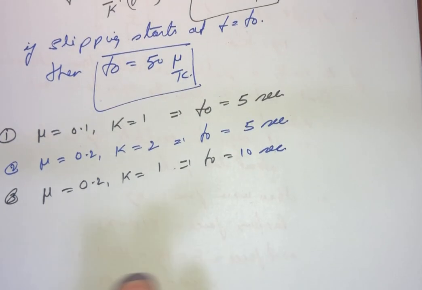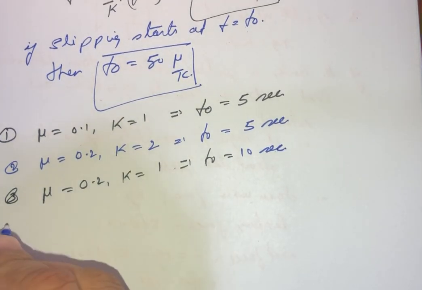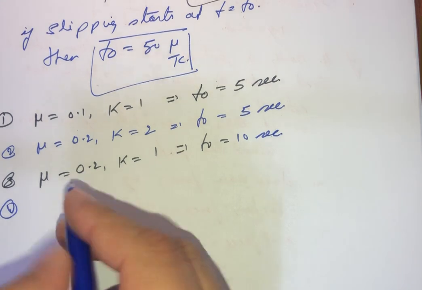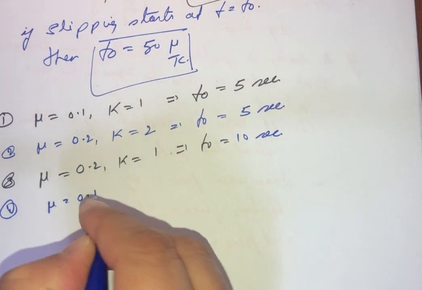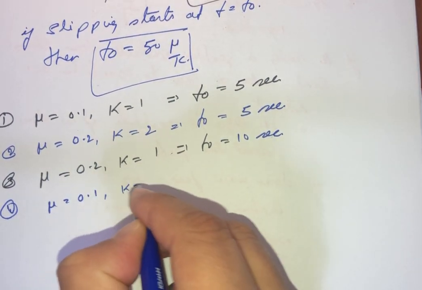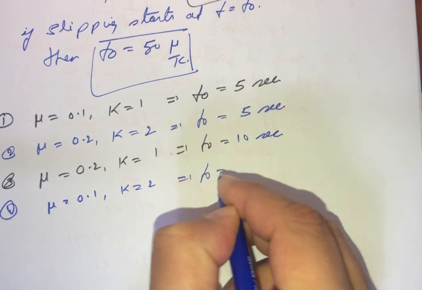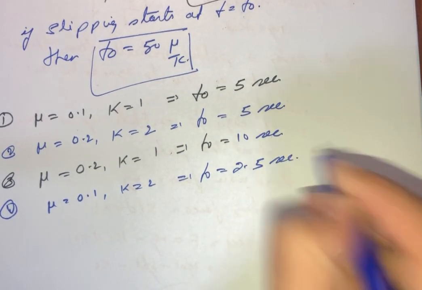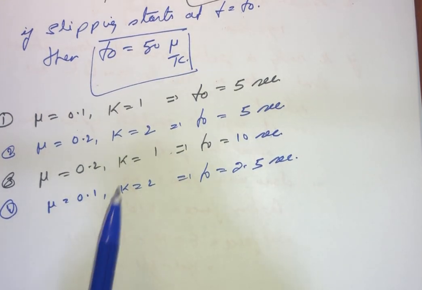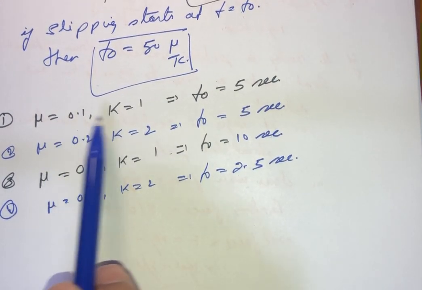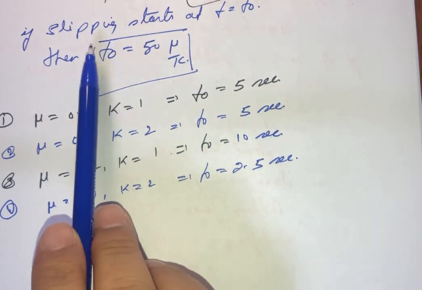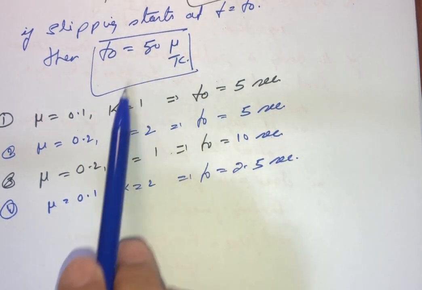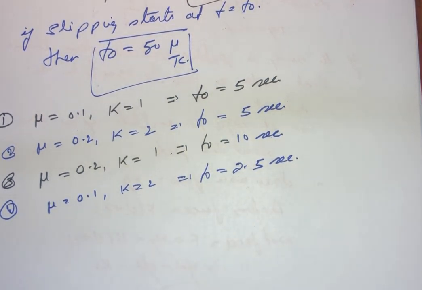And the last is mu 0.1 and k equal to 2, so we get t naught equal to 2.5 seconds. So for different values of mu and k, we found the time at which slip is going to take place.